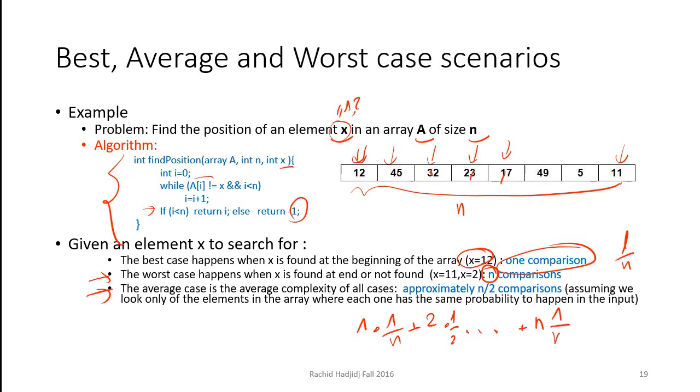The probability is 1 over n. And this is equal just to (1 + 2 + ... + n) divided by n. And this would give you something which is roughly equal to n over 2. This is the average complexity.